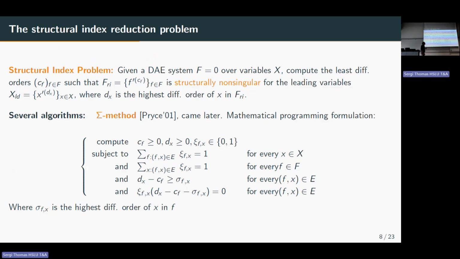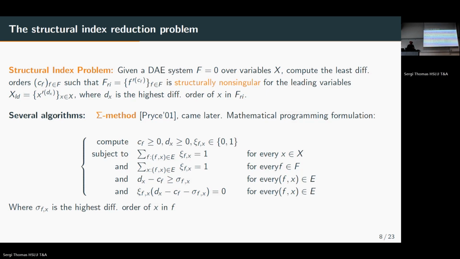between equations and variables, such that two things hold. First, the offsets should satisfy this inequality, where sigma_fx is the highest differentiation order of x in equation f.